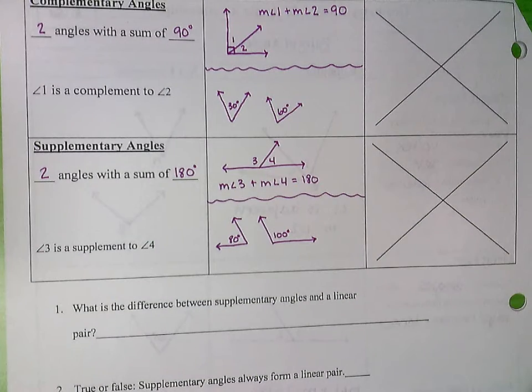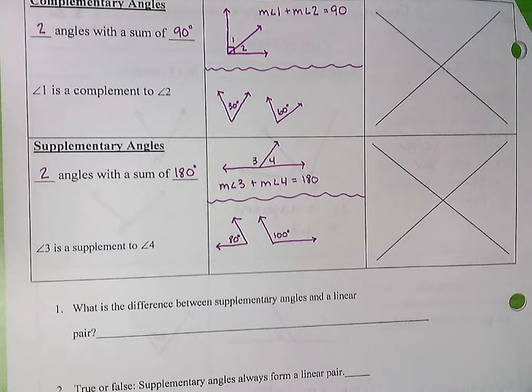Those would also be supplementary angles, so they don't have to share that side. So complementary, supplementary don't need to share a side. Just two separate angles that add to be 90 or add to be 180. Okay?